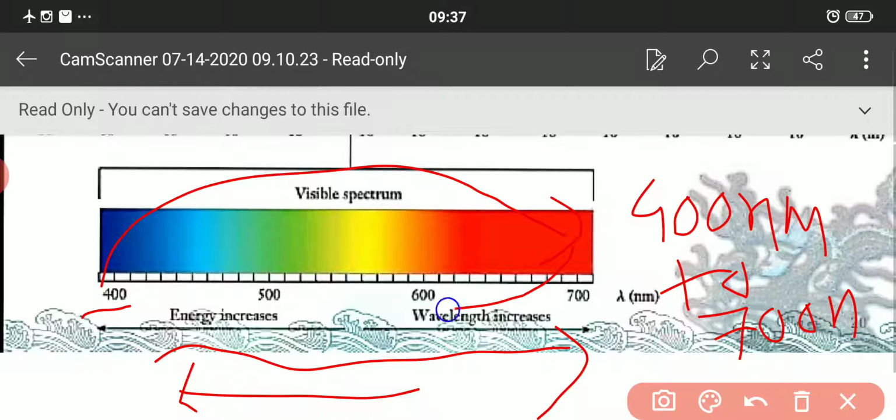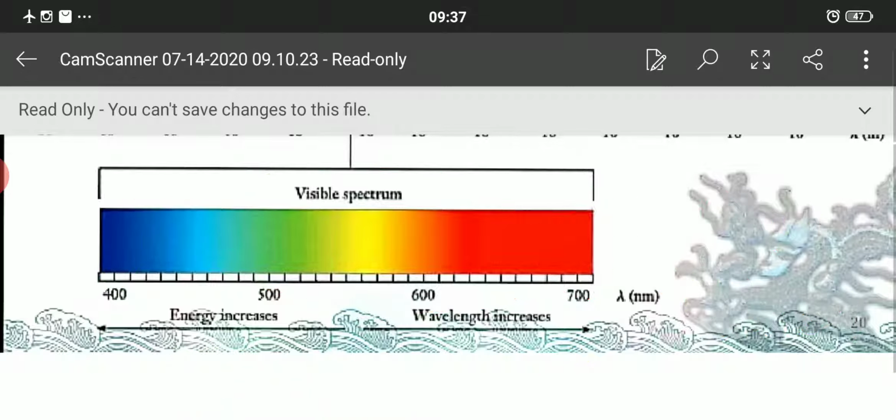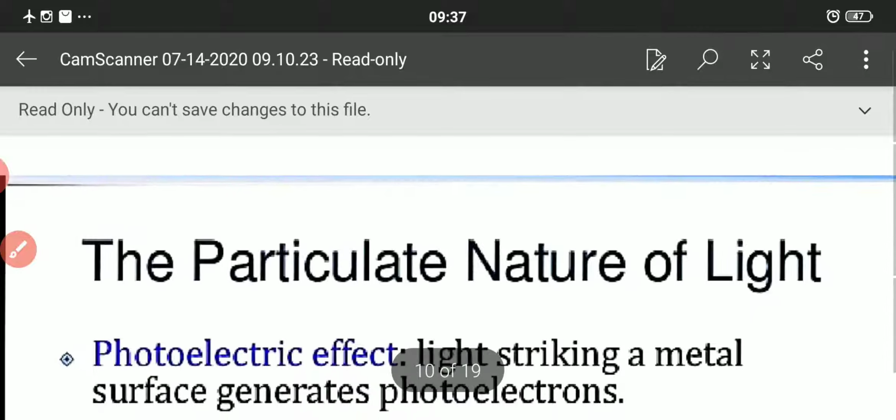If you move from red to blue, means 700 to 400, wavelength decreases and energy increases. So which light has maximum energy? Blue: the energy of blue light is more, while the wavelength of blue light is less. Remember this from the visible spectrum.